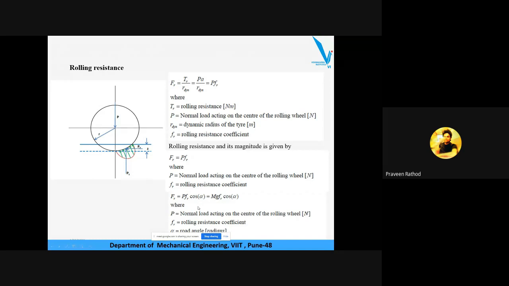For understanding purposes I have just written the equations, no need to worry much: P into fr cos alpha is equal to mg fr cos alpha, which is the wheel rolling force.